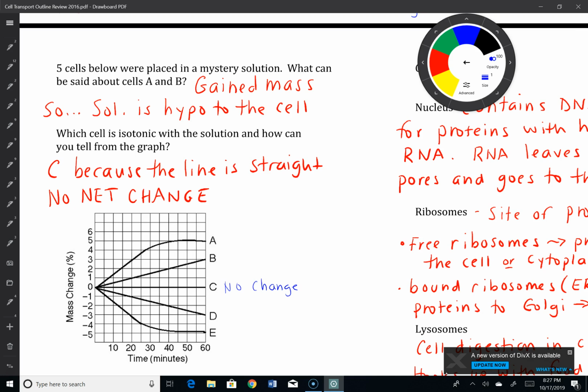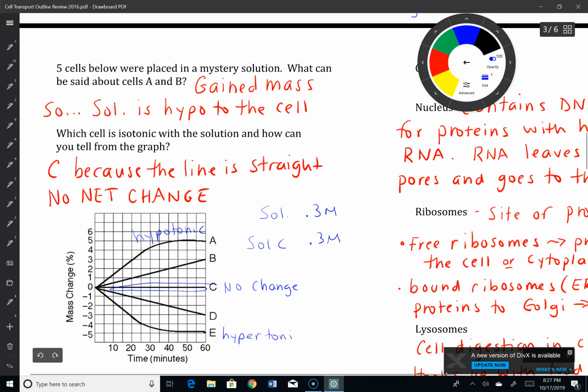So, for example, if I say the solution has a molarity of 0.3 moles, solution C must have 0.3 moles of concentration, and you know that because there was no change. A was placed in a hypotonic solution, and you know that because it gained mass. E was put in a hypertonic solution. You know that because it lost mass.